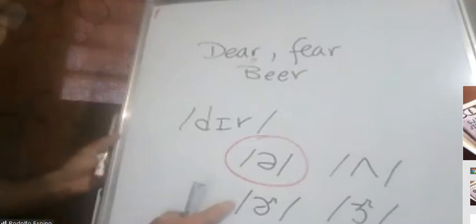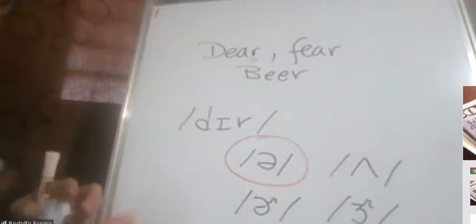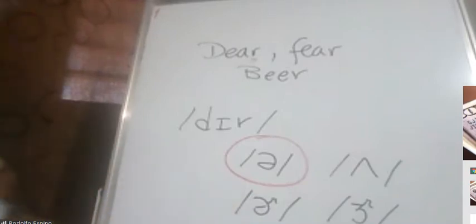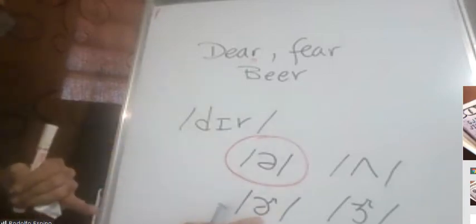This one here happens in all the words with the suffix er. Okay, the suffix er, like for example in comparatives, like bigger than, right? You don't say more big, you say bigger than. So bigger, when you add the er, is this one.